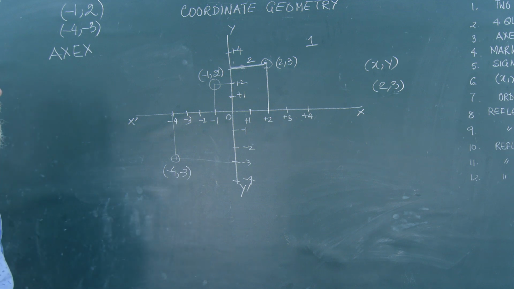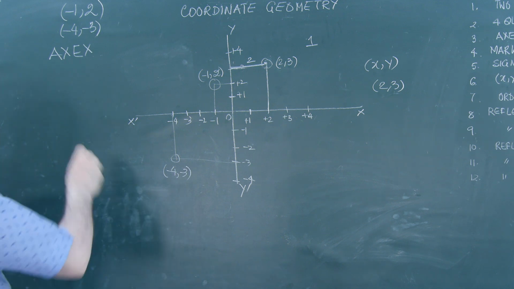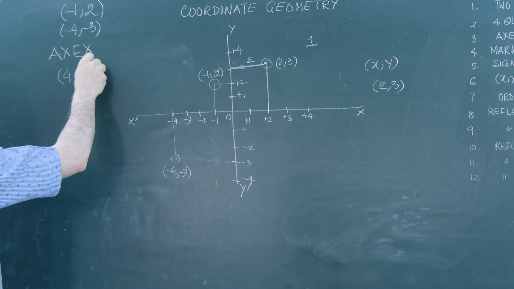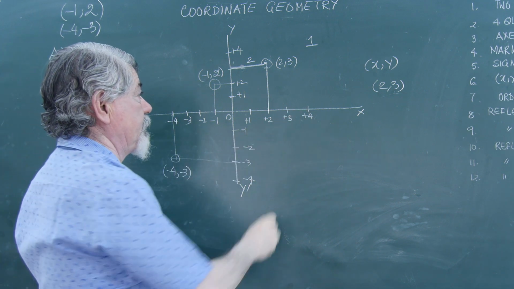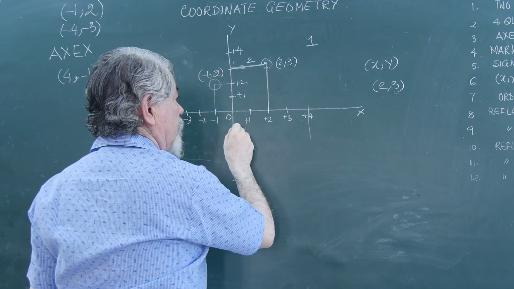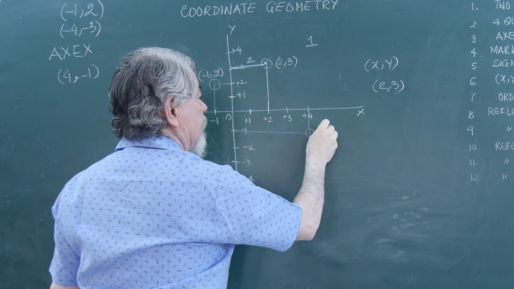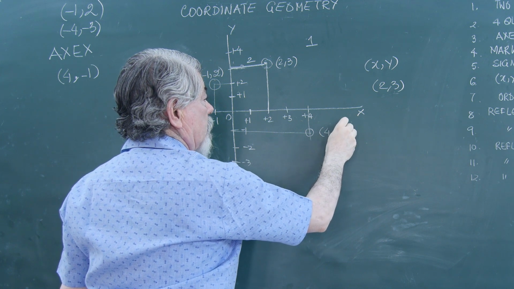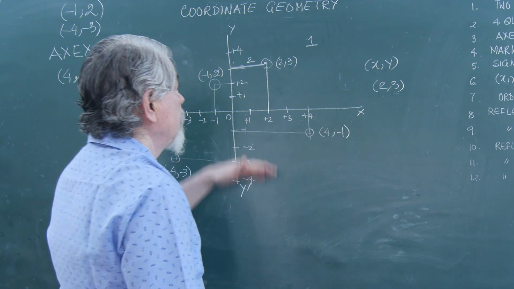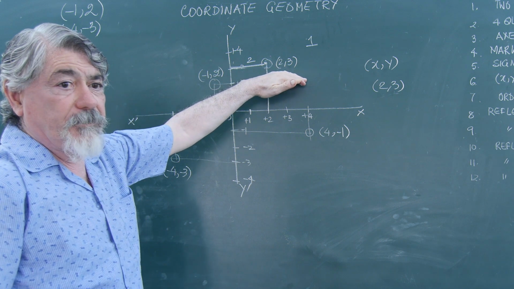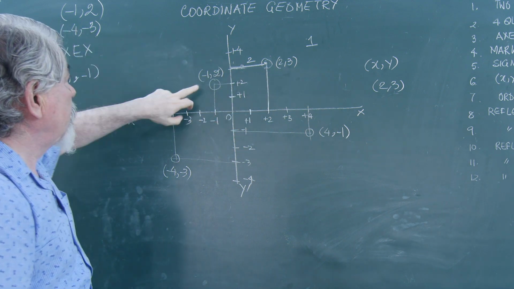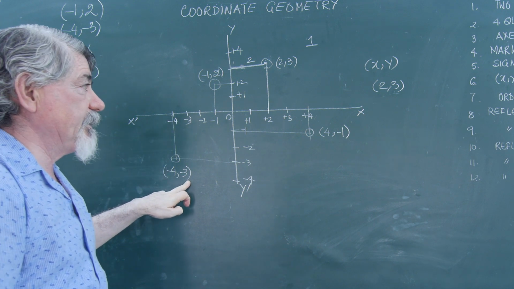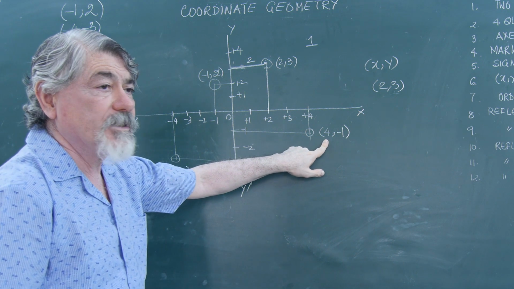If I have to plot (4, -1), then 4 is here and -1 will come here, that is (4, -1). We got (2, 3) here, plus plus. We have got (-1, 2) here. We have got (-4, -3) here. We have got (4, -1) here.